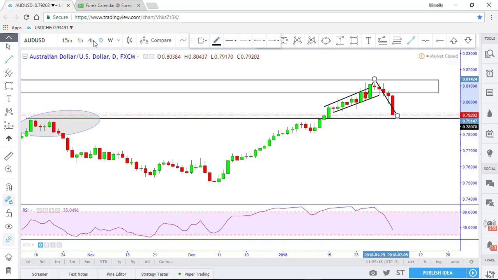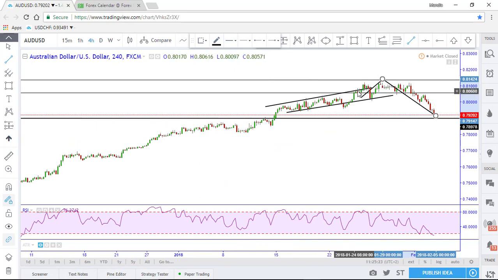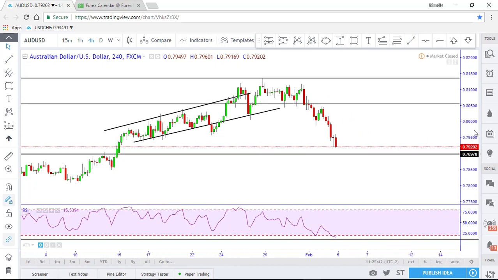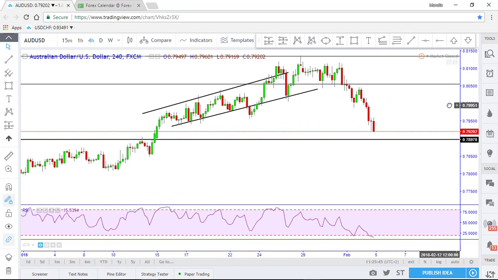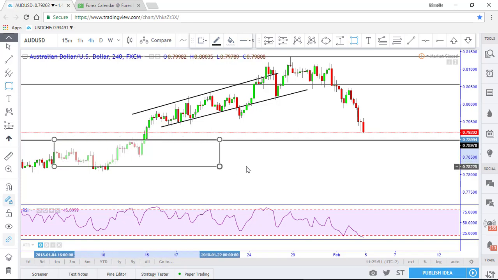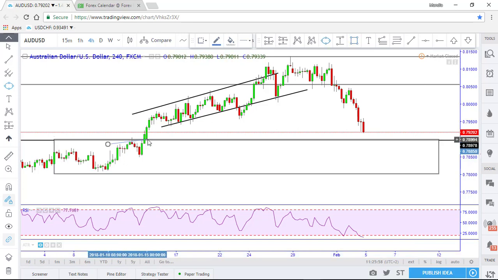Now, as you go to the lower time frame, let me delete these, excuse me guys. Let's take a closer look on this one. The next bearish move where the market could actually find trouble is somewhere right here, between these resistance levels and these support levels coming over right here.